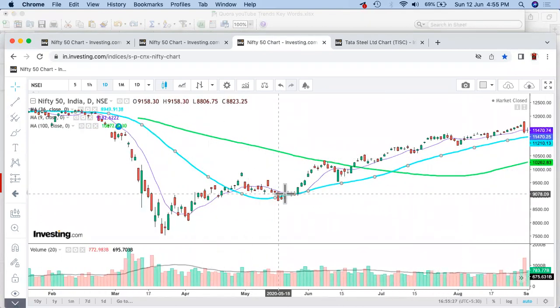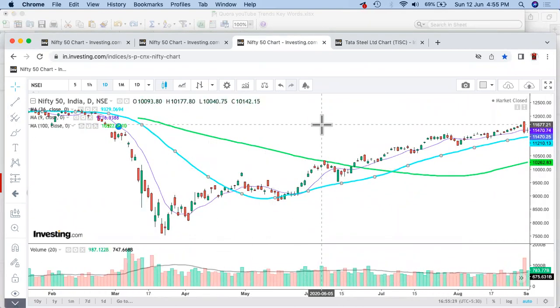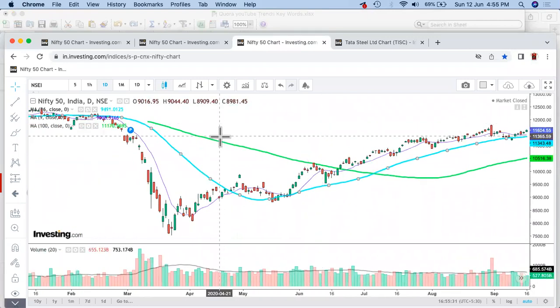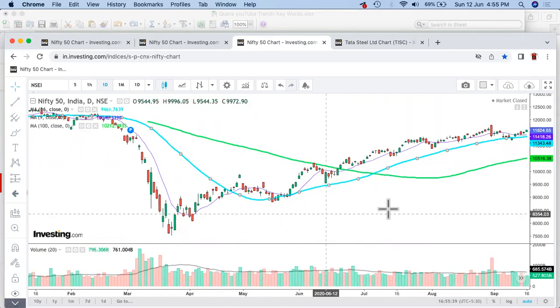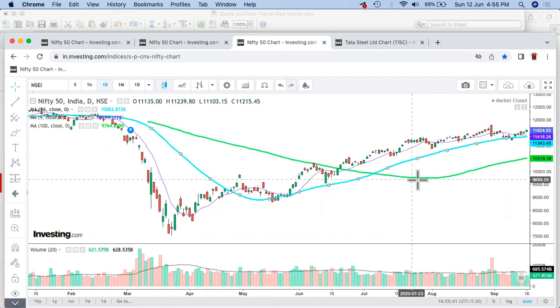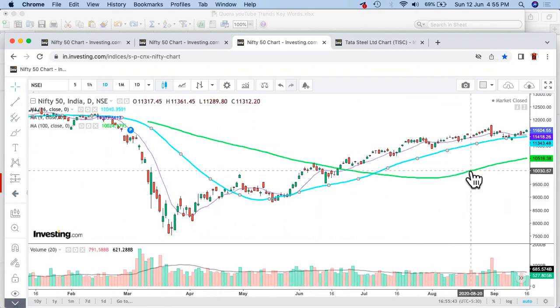And after that probably this started moving up. And the third one, which is green, was the 100 days moving average. That started moving after that only. So it was somewhere around maybe in August. And from March onwards till August, maybe after that, it started moving positively, right?